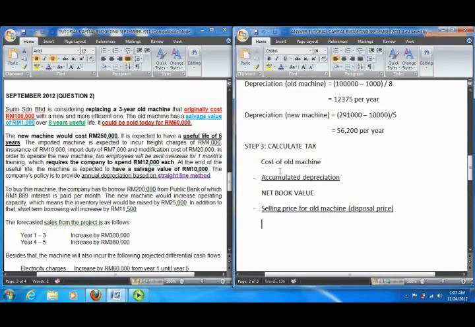Class, remember, before you calculate tax, you need to calculate whether it is a loss on disposal or a profit on disposal of your old machine. So first, you get profit or loss on disposal.